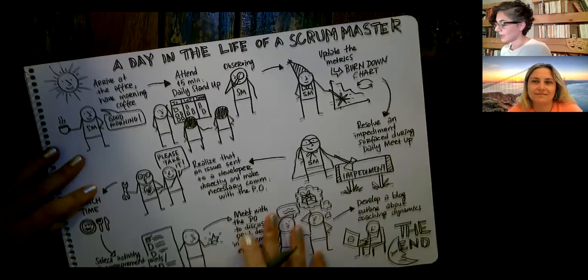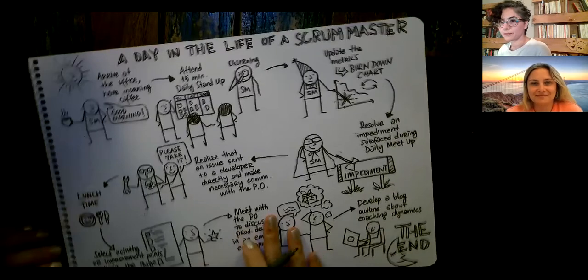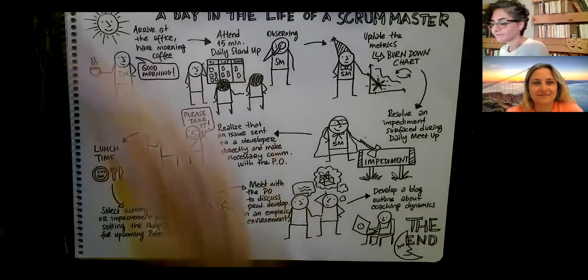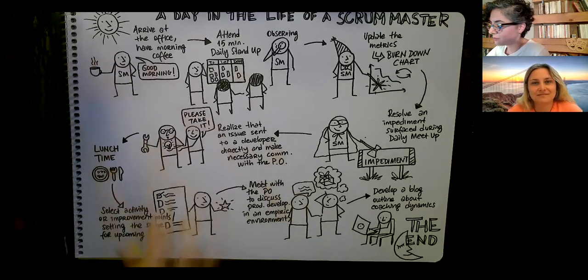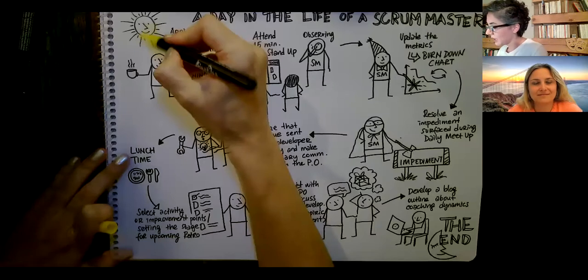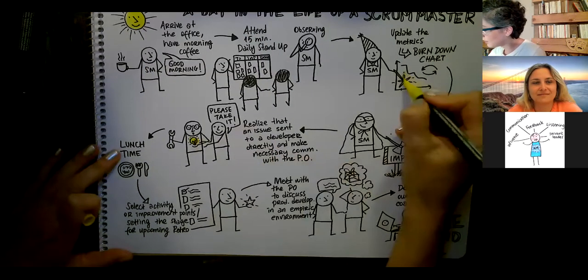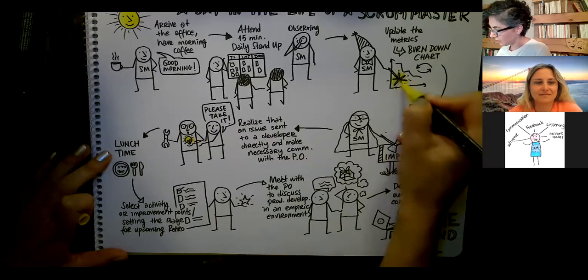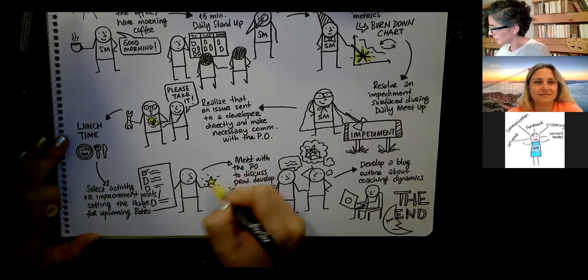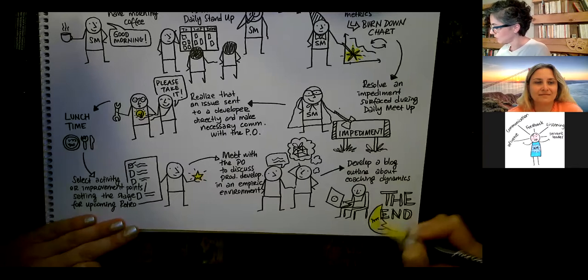We're done. Now I will add some colors and some shadows. Maybe here we have something, and maybe these can also be yellow.